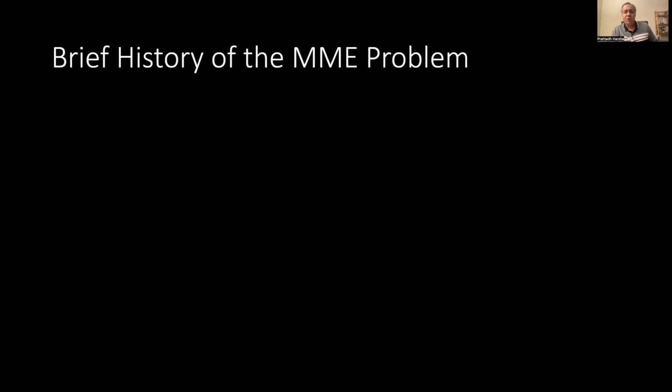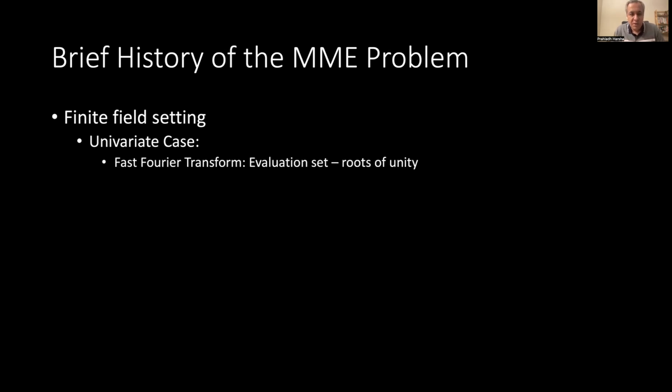Before we get into a statement of the results proved in this paper, let's look at a brief history of the MME problem. Even though we've been working with infinite fields, let's start with the finite field setting. Particularly, even the simpler case, the univariate case: not multivariate multipoint evaluation, but univariate multipoint evaluation. The most celebrated result here, of course, is the classical fast Fourier transform, which solves the problem when the set of evaluation points have a very special structure.